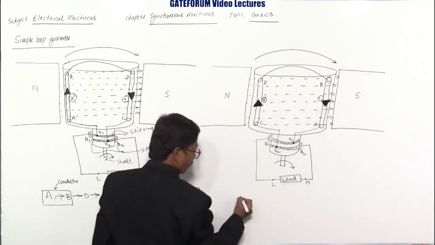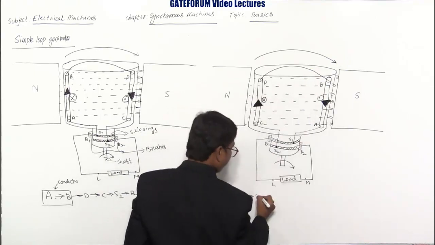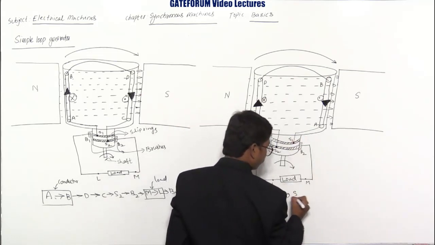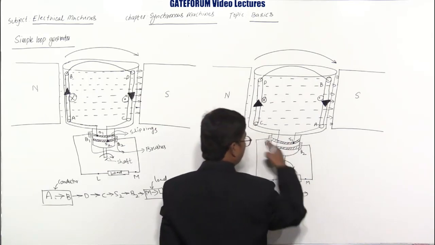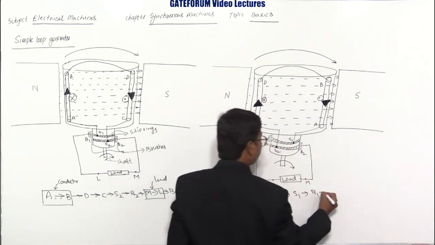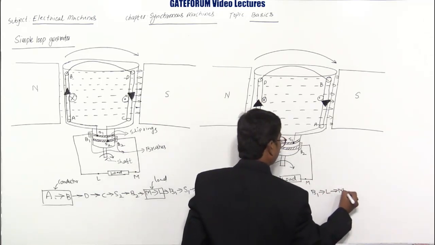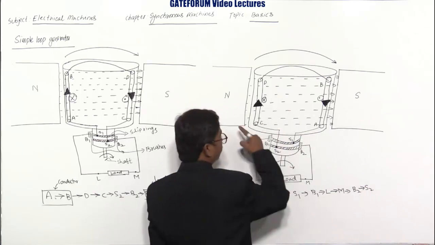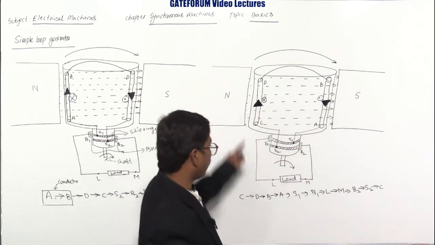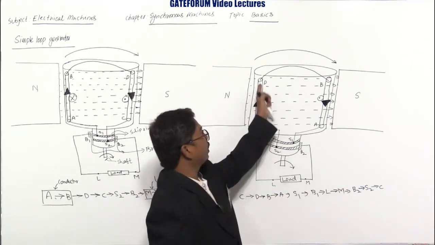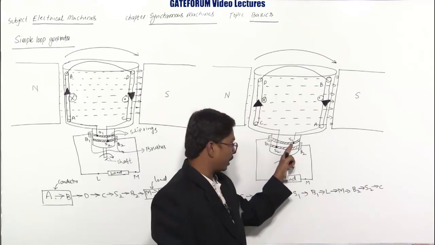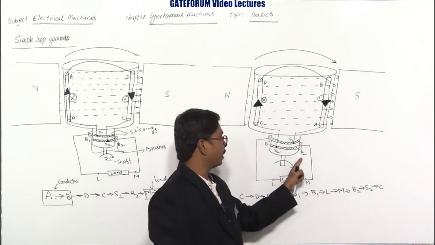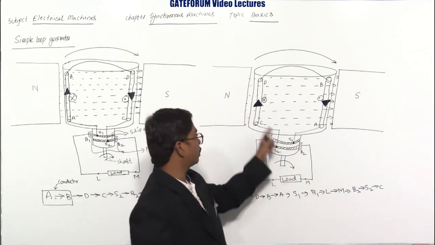It is moving from C to D, D to B, B to A, A to S1, S1 to B1, B1 to L, L to M, M to B2, B2 to S2 and S2 to C again. Where you have started, at C, we have to end at C. So from C to D, D to B, B to A, A to S1, S1 to B1, B1 to L, L to M, M to B2, B2 to S2 and S2 to C. So this is the path.